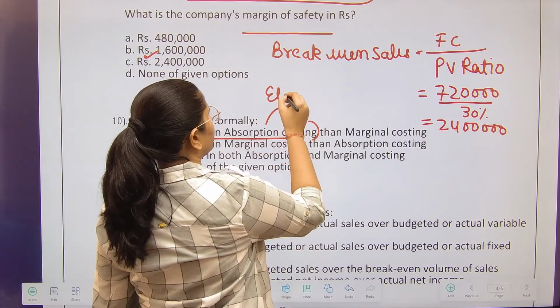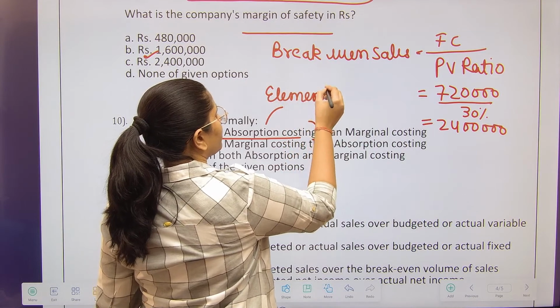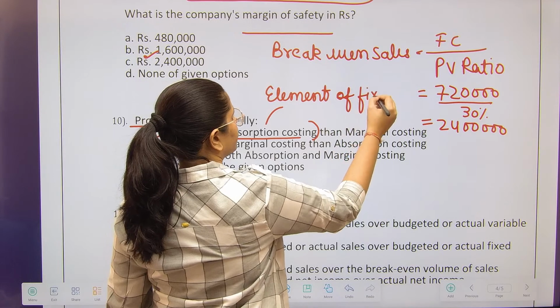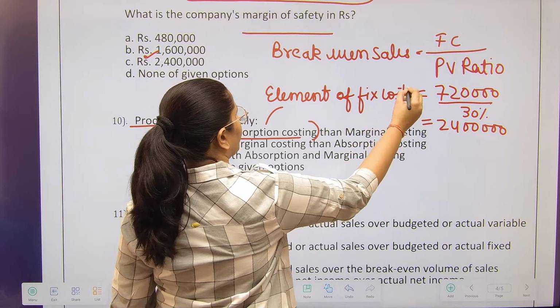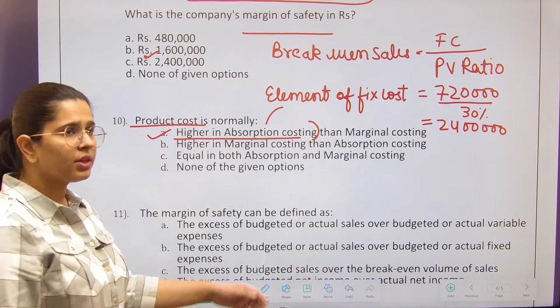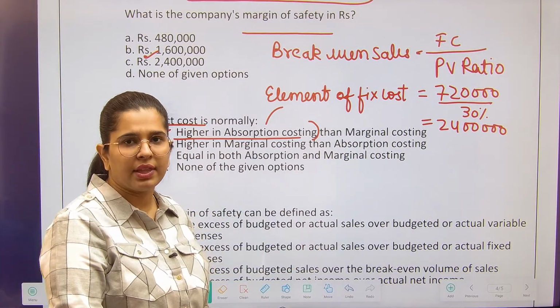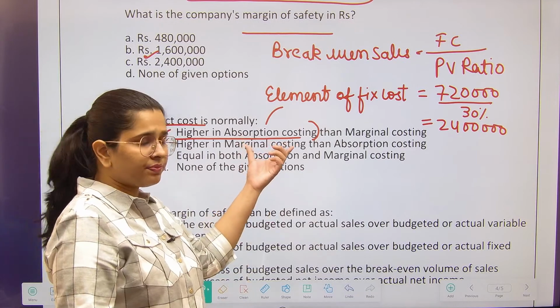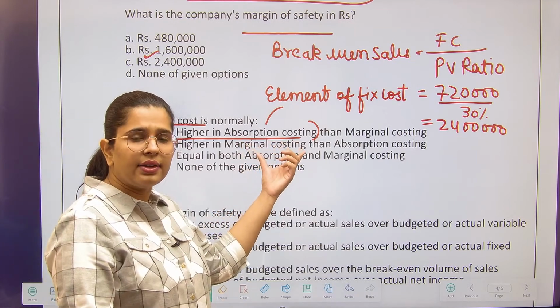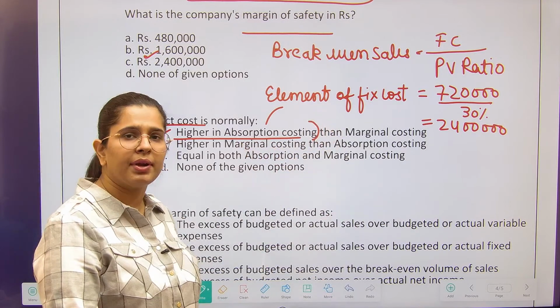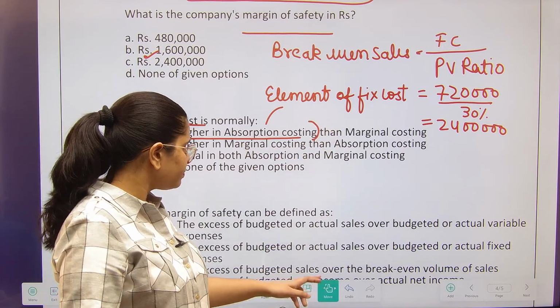Because an element of fixed cost is included. Where? In absorption costing. I am telling you extra information as well, because if it comes in your exam, then you should be aware. If cost is higher, then why is cost higher in absorption costing? Because we include an element of fixed cost.